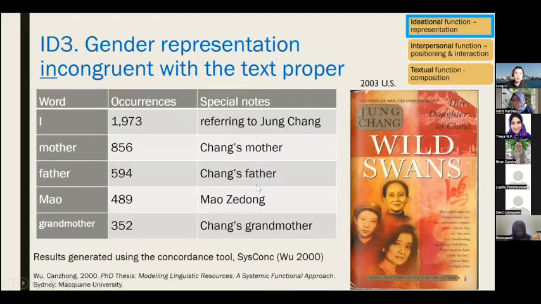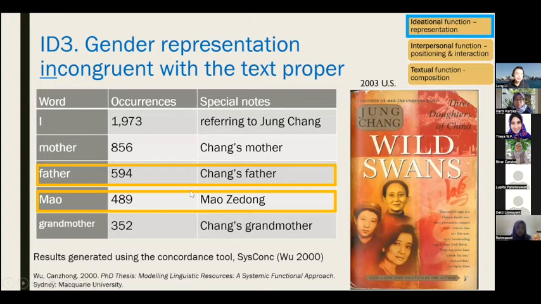So that's where I used a corpus linguistic tool, a concordance tool, and I found two important male characters. The first one is the father, who is in fact the greatest victim in the book, having been persecuted to death in the Cultural Revolution of China. But he's nowhere to be found on the cover.